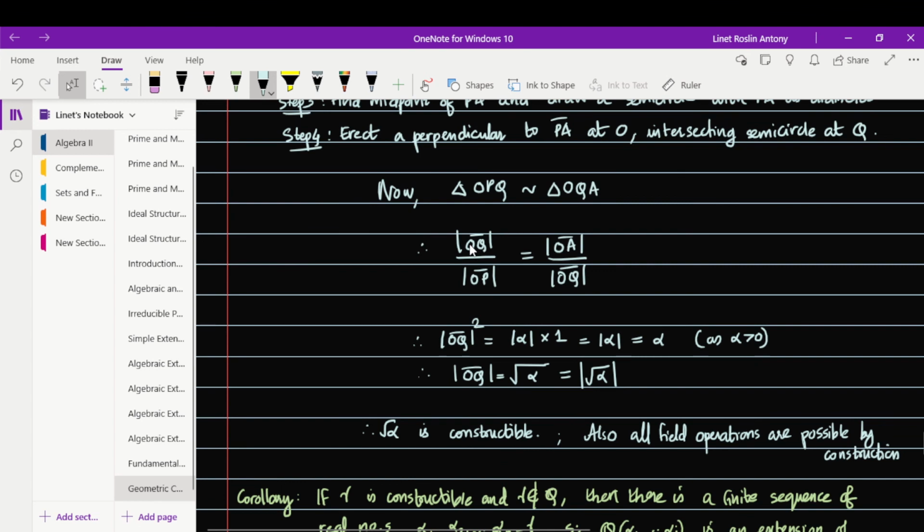So in order to remember that, whenever you are taking OQ on top, you should take OA. Whenever on the bottom you have OP, here you will have OQ. That is the order.